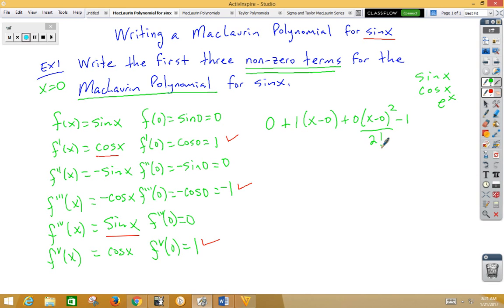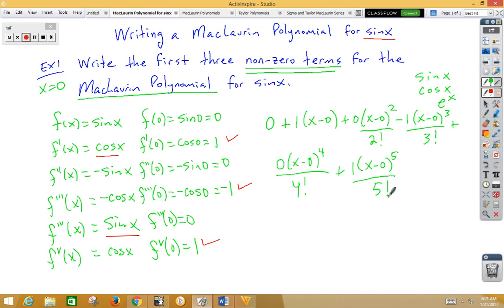Then we have a negative 1, x minus 0 cubed over 3 factorial. And then we have another 0, x minus 0 to the 4th over 4 factorial. And then we have a positive 1, x minus 0 to the 5th over 5 factorial.